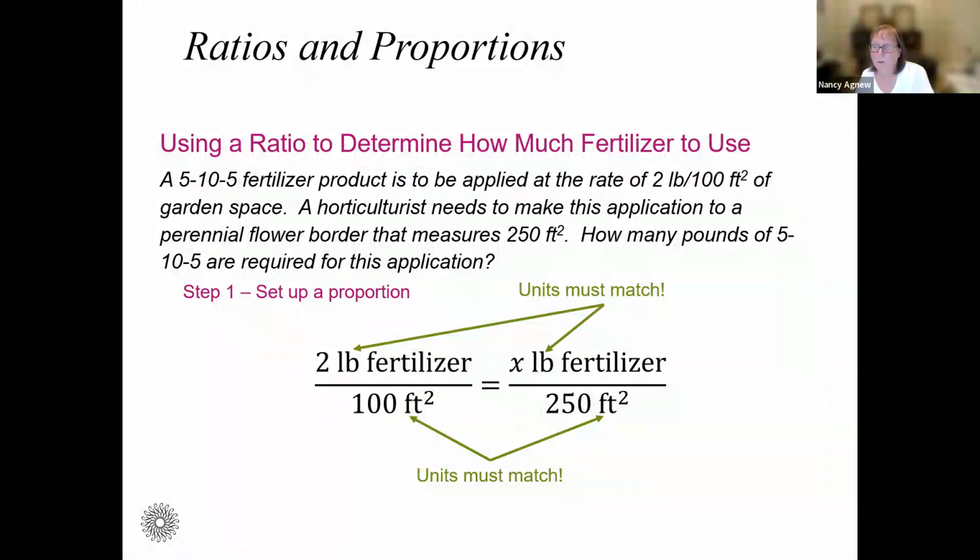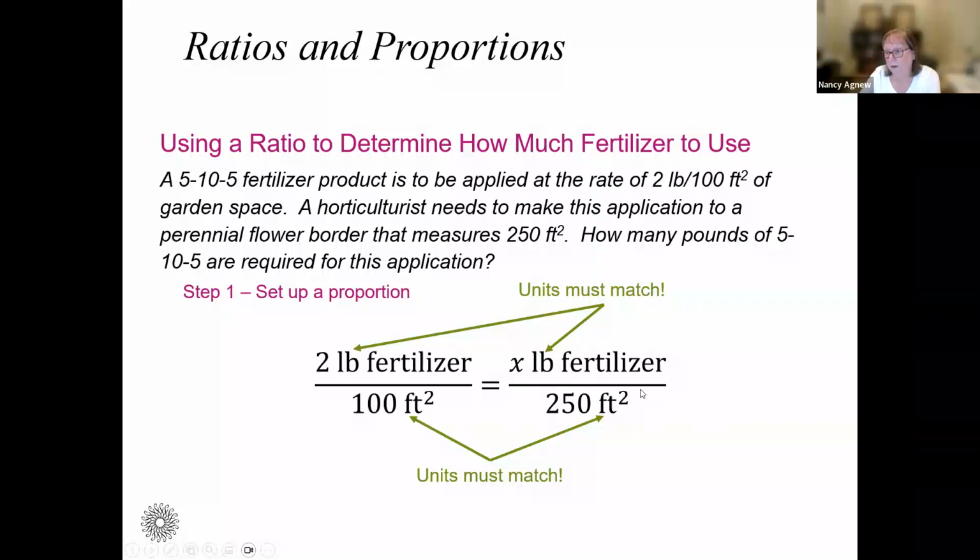One of the most important aspects of this math is that we have to make sure we put pounds of fertilizer together, on the top, or well, it doesn't have to be on the top, but they have to either be numerators or denominators. And then the square feet have to be together, either in the numerator or the denominator.